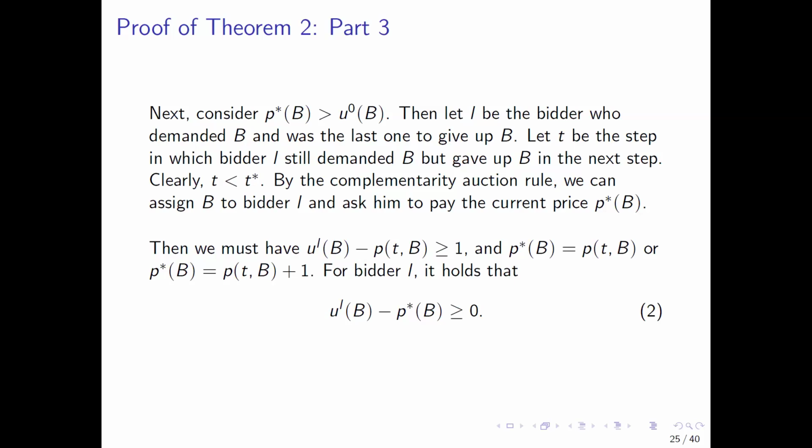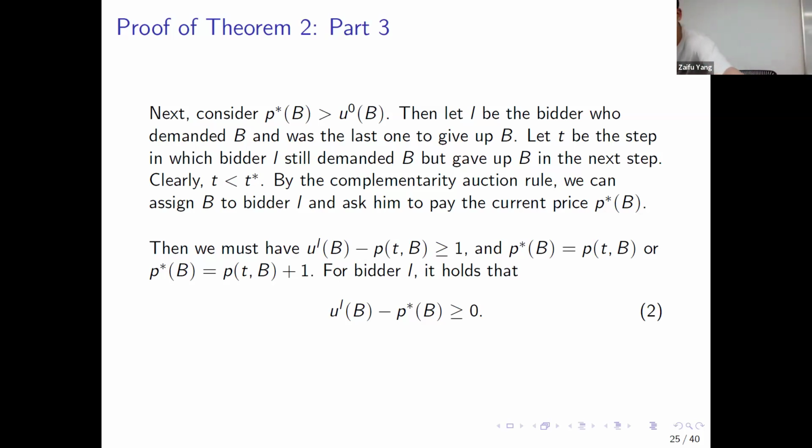So then the last price, at the last round of the auction, the price of that bundle either has not yet changed from step T or just increased by 1 unit.